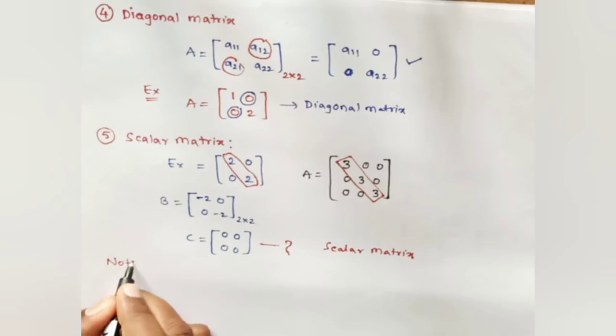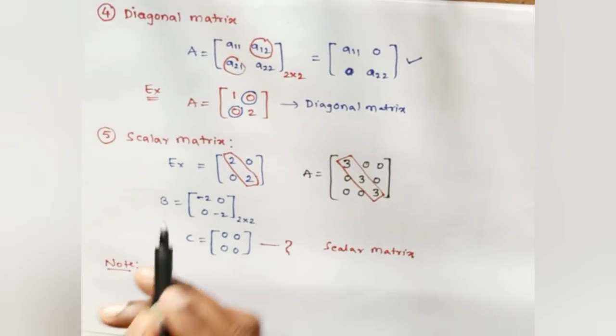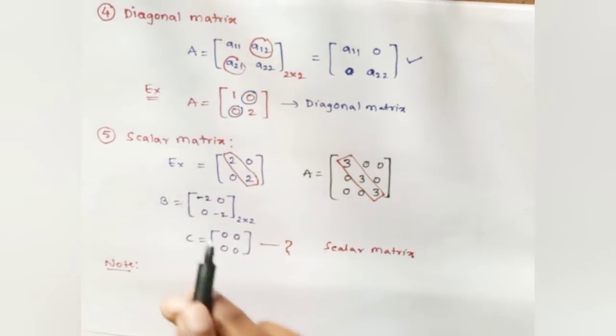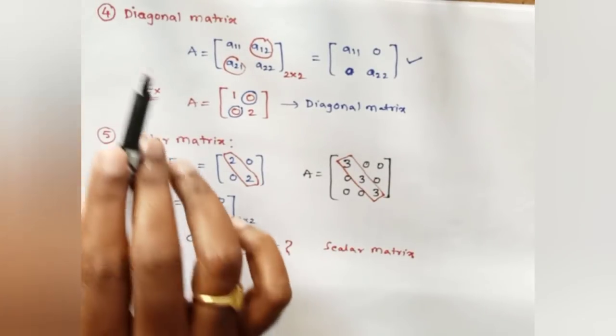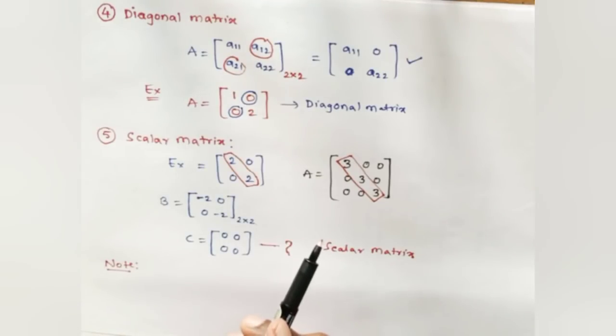Here, note, you can observe a statement between these two definitions, scalar matrix and diagonal matrix.